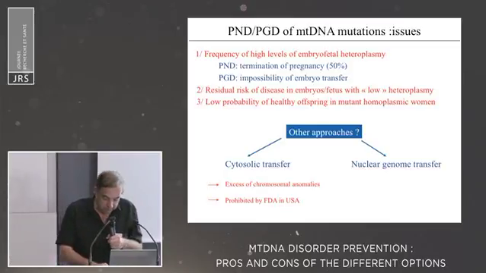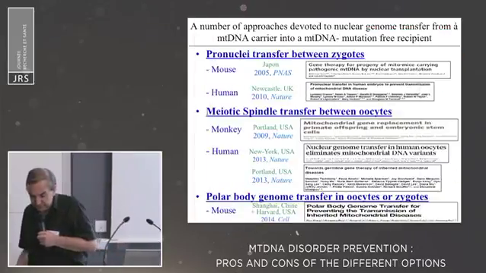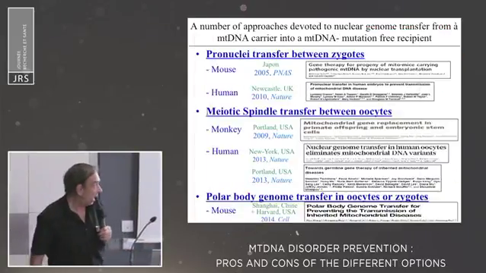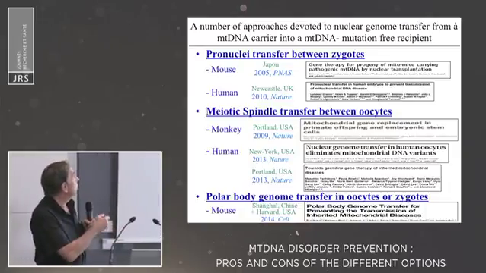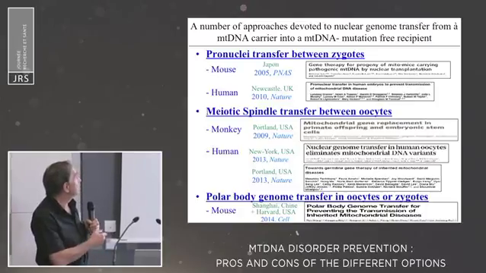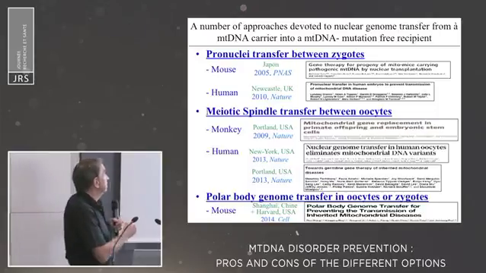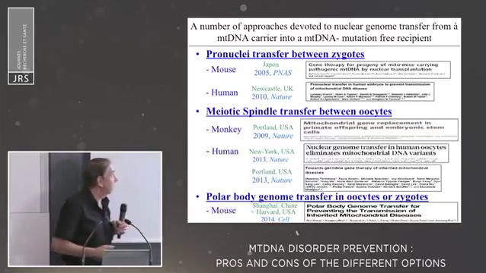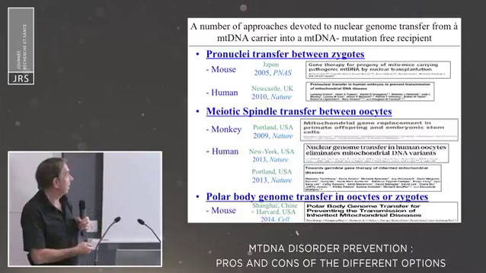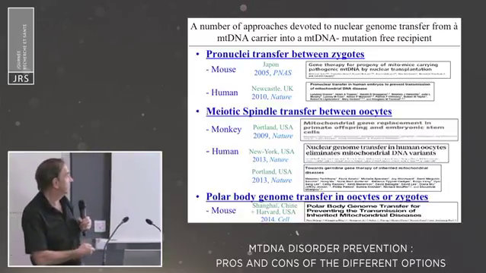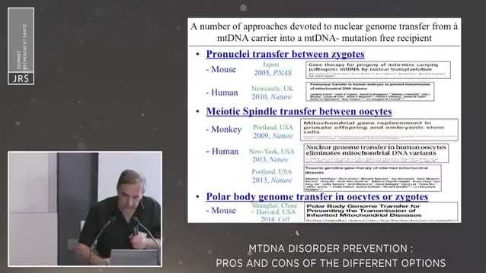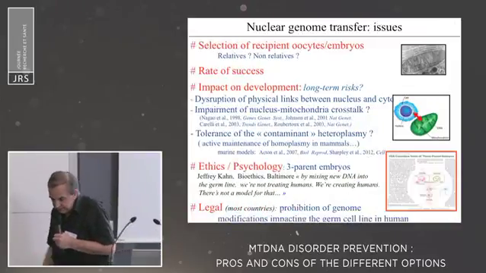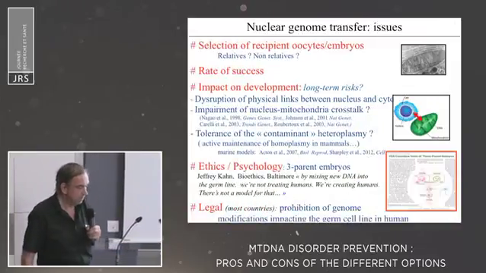And so nuclear genome transfer procedures have been developed, and Andy reported this procedure, which includes either pronuclear transfer between zygotes, carried out in mouse and in human, or MST between oocytes, either in monkey or human, and more recently, polar body transfer in oocytes. And he has mentioned the main issues.